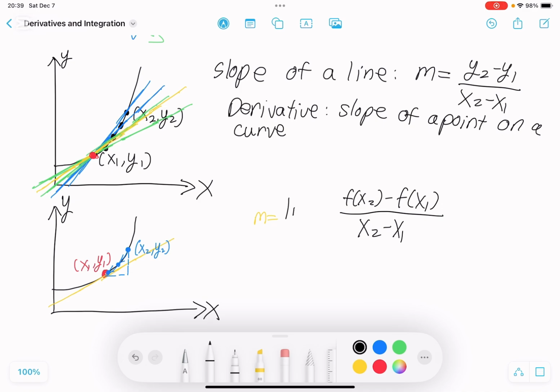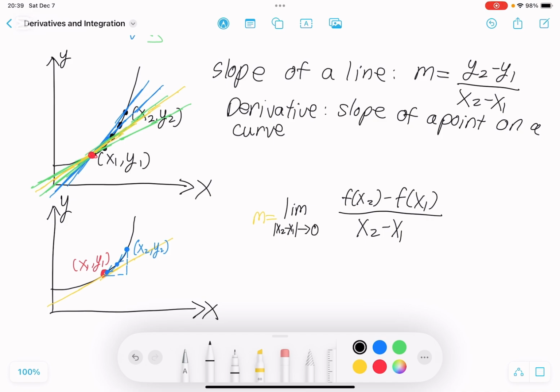We have the limit as the absolute value of x2 minus x1 approaches 0. So as the two points overlap, whatever this is over here is going to be m, our slope of the yellow line, or the derivative.